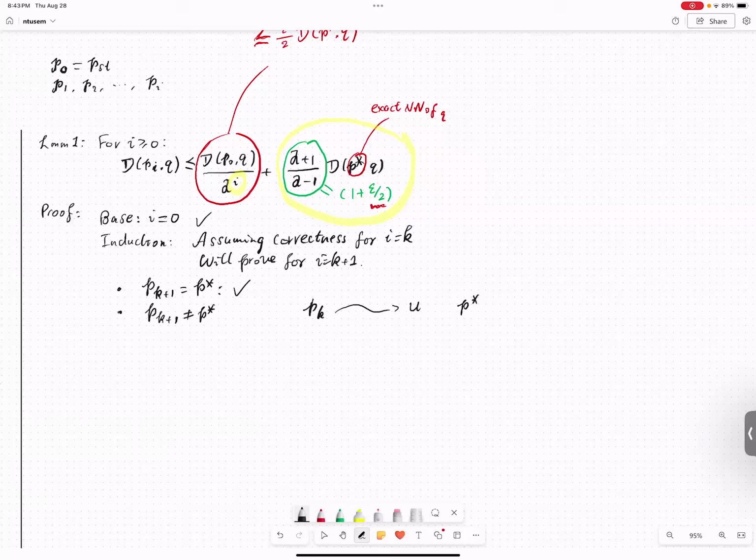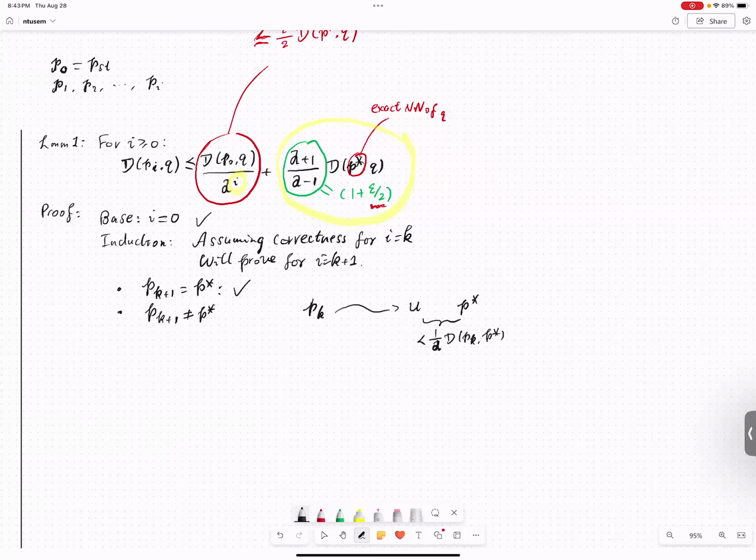In that case, the shortcut property promises us an out neighbor u of p_k with the requirement that the distance from u to p star is at most 1 over alpha times the distance of p_k to p star.